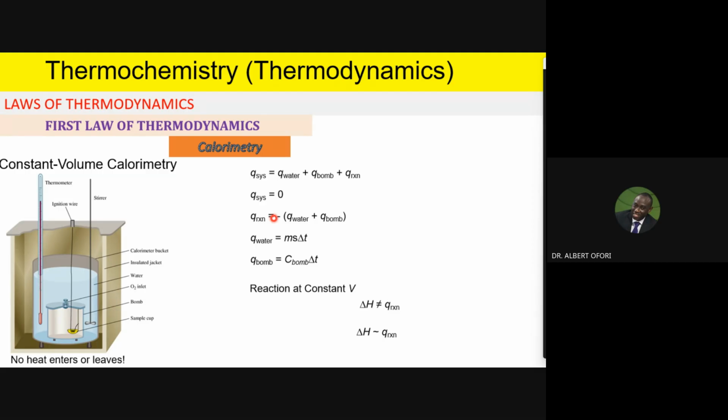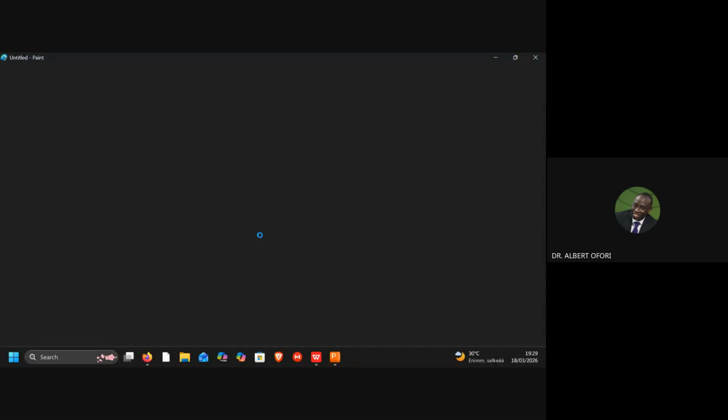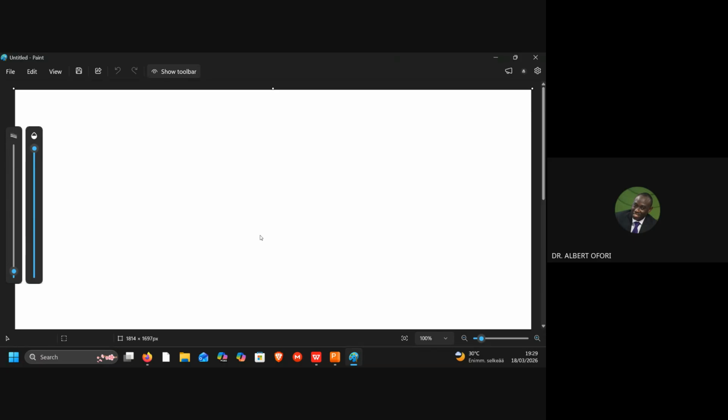So what we should note here is that when we say the volume is constant, let me open my whiteboard so that you get what I'm trying to say. So we are saying that heat is equal to the change in energy plus minus change in PV. You remember this formula?